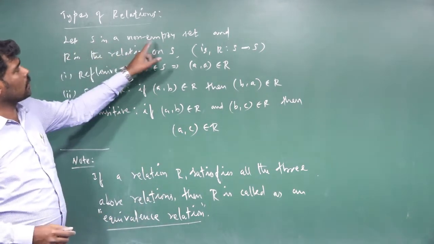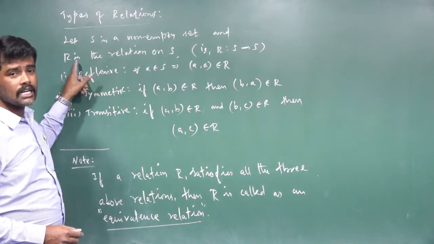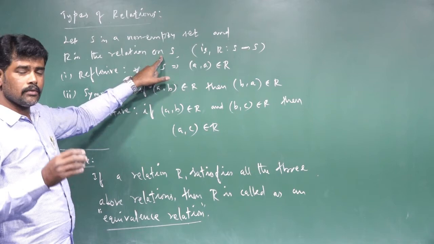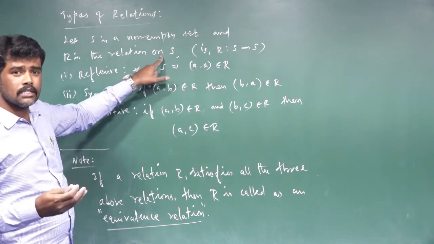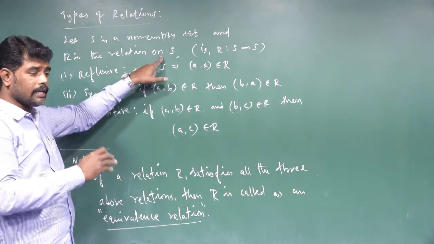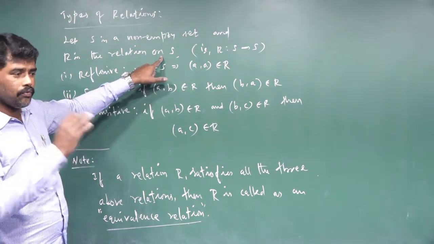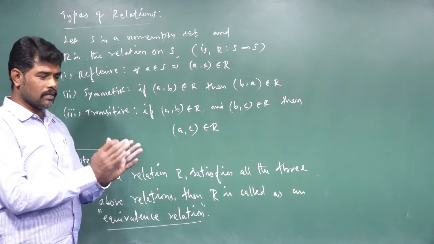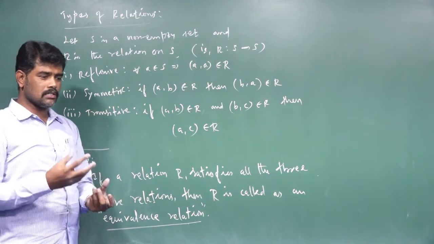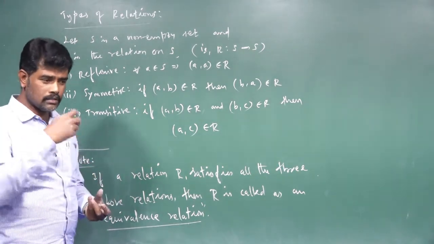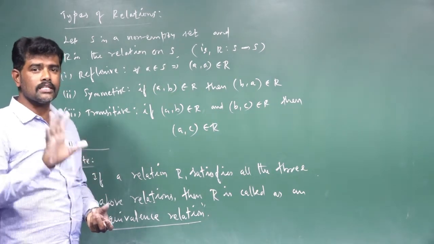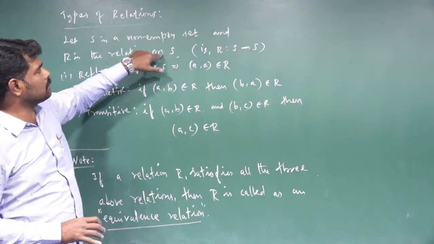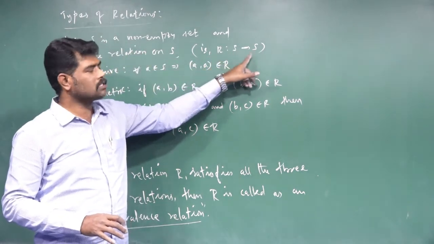Let S be a non-empty set and R a relation on S. By the definition, R is a relation from the set A to the set B, so when the two sets are different we mention from one set to the other. Suppose the relation is on the set, meaning both are the same set; then we define the relation R on the set.